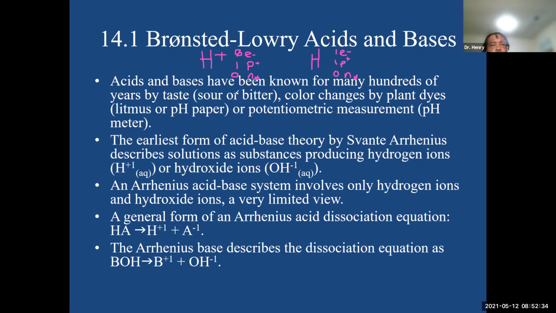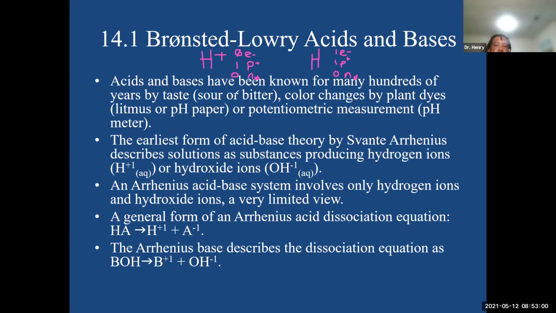Let me give you the distinction between the different concepts of an acid. We have the Bronsted-Lowry acid, which we're going to be talking about. The Arrhenius acid system is that concept of the proton donor, H plus being donated, and in the case of hydroxide, you have OH being donated.